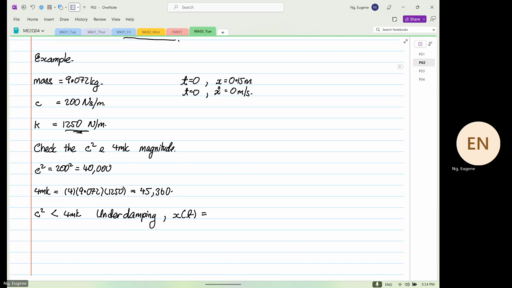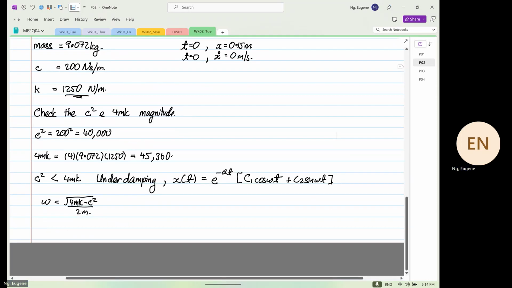The general solution is e to the minus alpha t, C1 cos omega t plus C2 sin omega t. And we know that omega is equal to the square root of 4MK minus C squared, divided by 2m. Okay. So now we are going to find out what is our alpha.